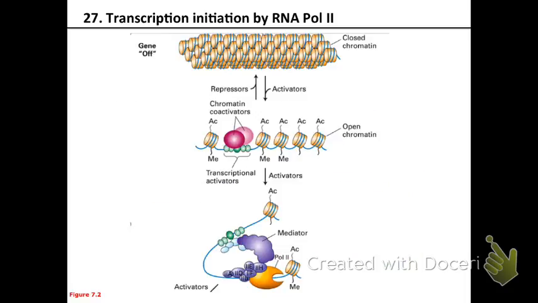All right. So let's now review what we've learned so far. Okay? So in eukaryotes, the DNA is in a chromatin form, so it can be pretty closed and compact. First, you have the transcription activators binding to their binding sites, and then bringing chromatin remodeling complexes. We call them chromatin co-activators, so they activate together with the transcription activators, and they acetylate the histone tails in the nucleosomes in the vicinity of the promoter.